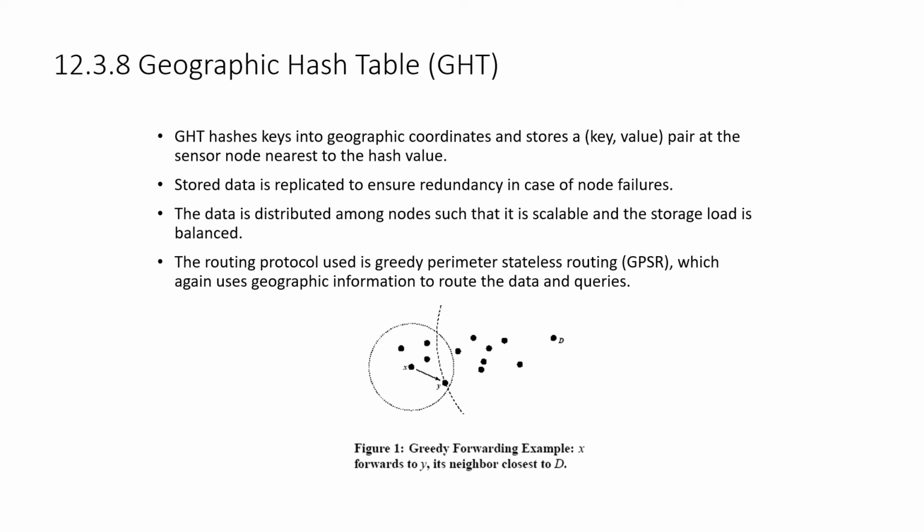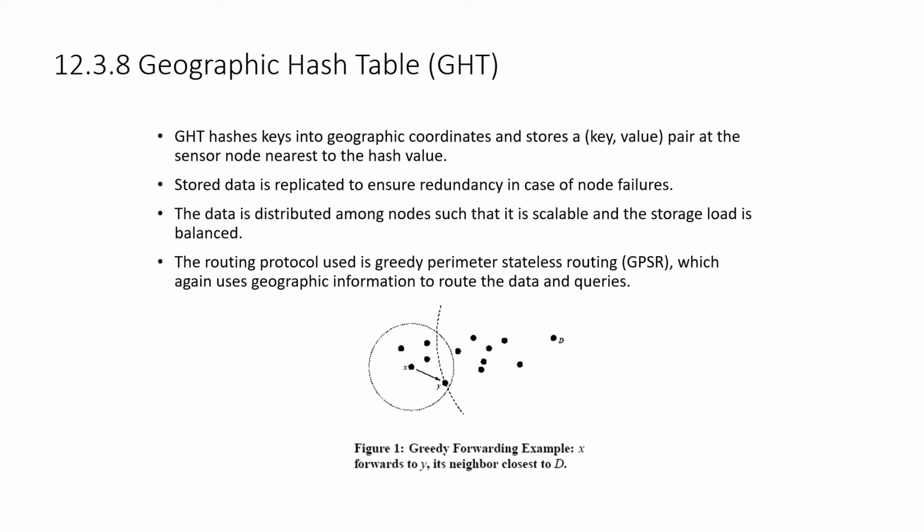Geographic hash table, which hashes the key into geographic coordinates and stores the key and value. Both are stored at the sensor node nearest to the hash value. Stored data is replicated to ensure redundancy in case of node failures.